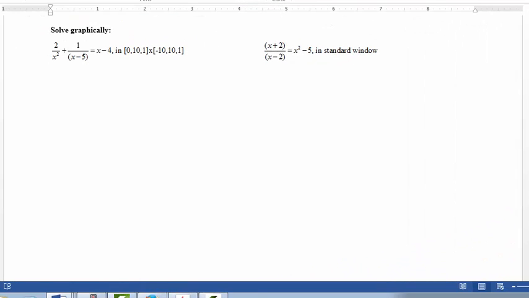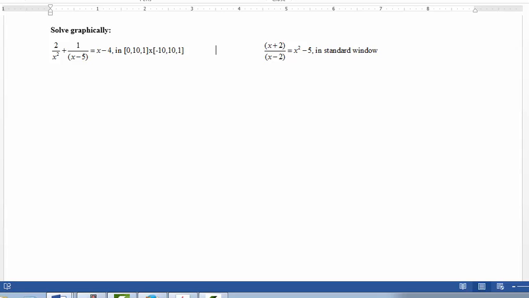All right, and finally, solving graphically. And this, some people just had no clue on this. But what I had mentioned back probably in the first unit somewhere is that this is very easy. Once you learn how to do it, it's the same process no matter what kind of equation you're dealing with, right?